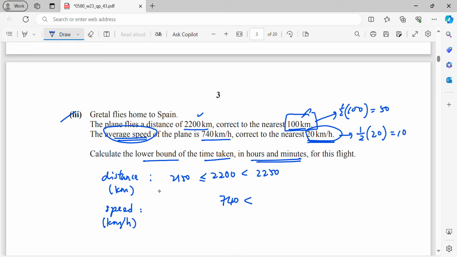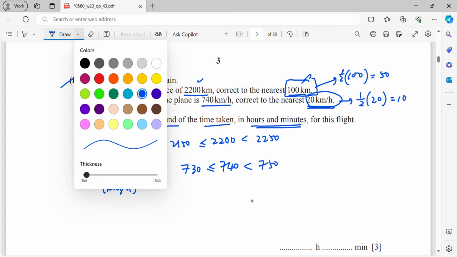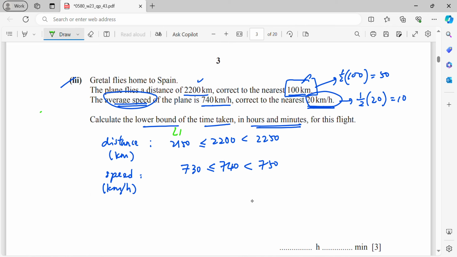So now the upper bound will be 740 plus 10, which is 750. And for the lower bound, you minus 10 from 740, which gives 730. So basically this is lower bound, this is upper bound.